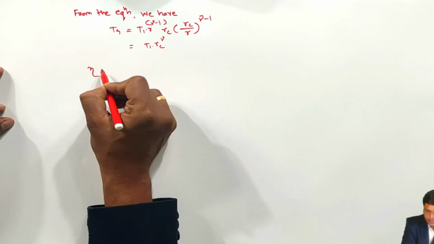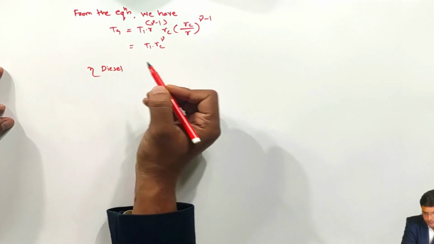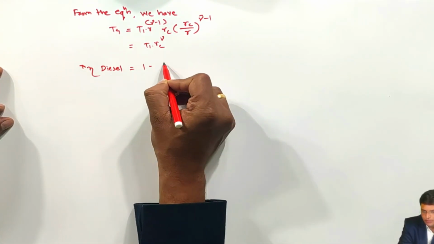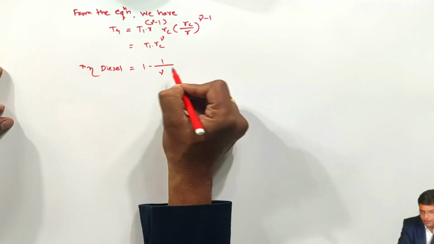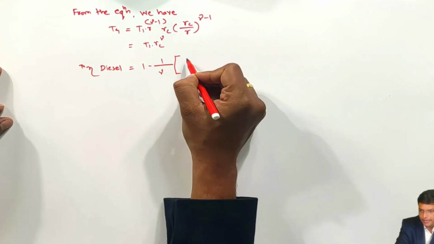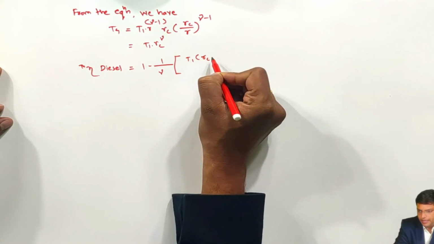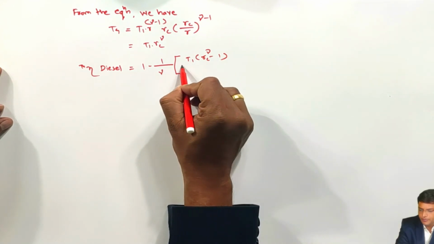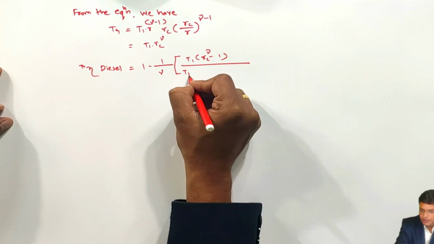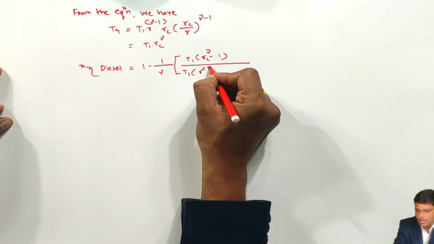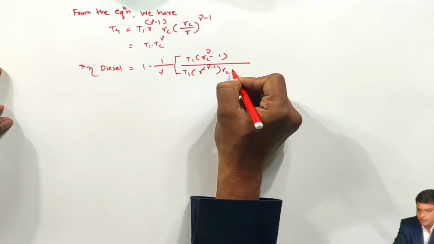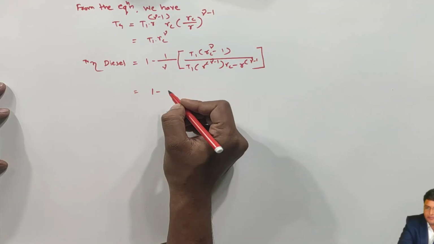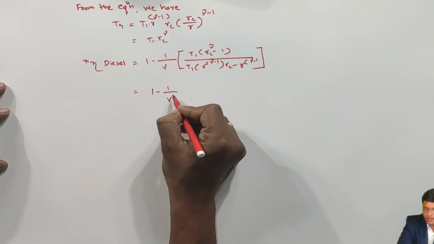Now the thermal efficiency of diesel is equal to 1 minus 1 upon gamma, big bracket T1 in bracket rc raised to gamma minus 1, divided by T1 in bracket r raised to gamma minus 1 into rc minus r raised to gamma minus 1, minus 1 upon gamma.